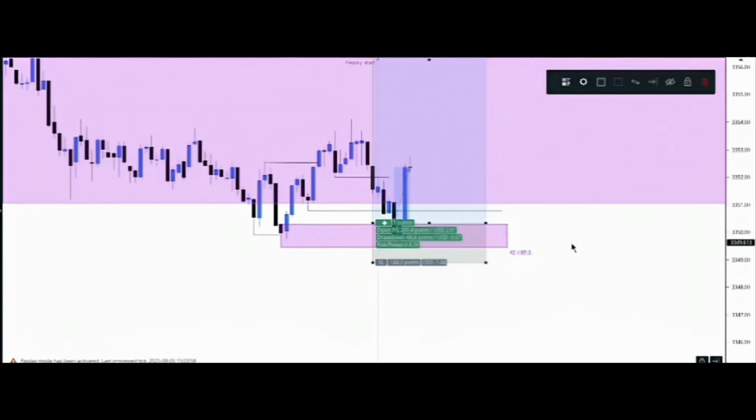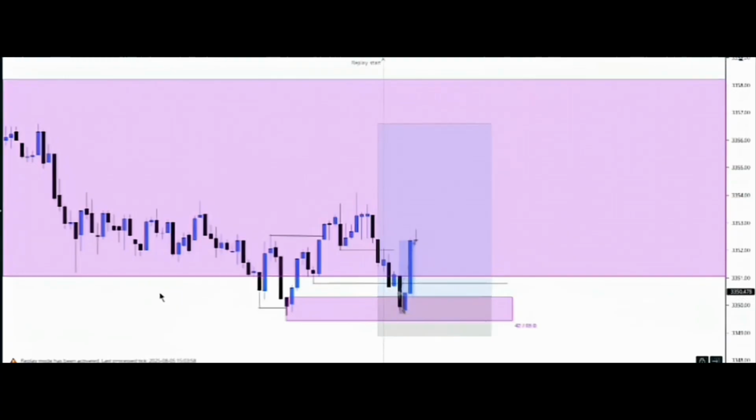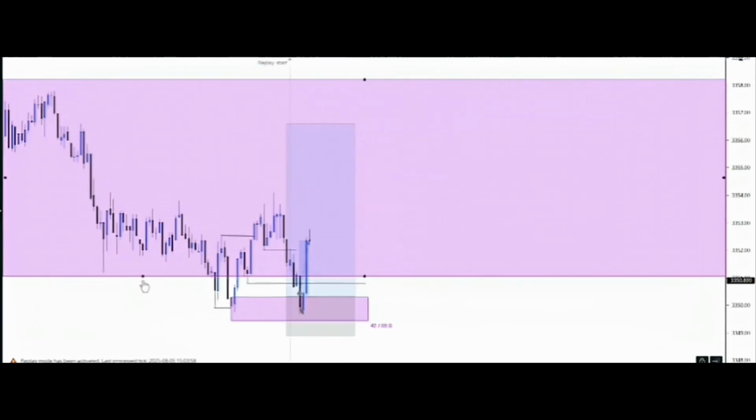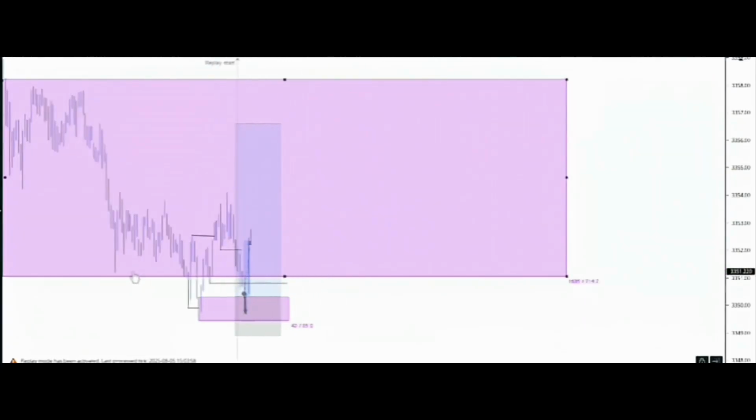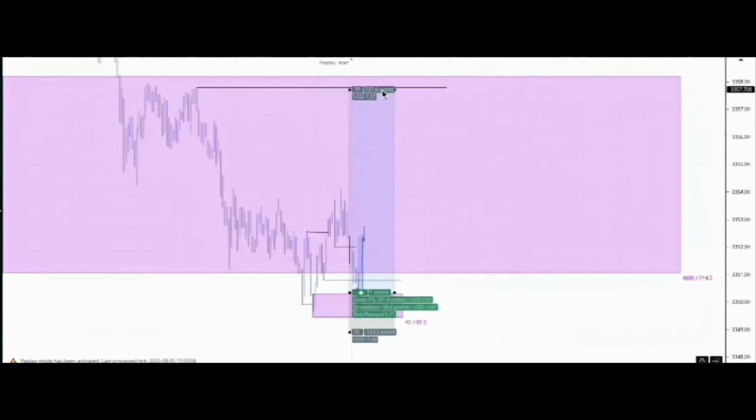So let's look at where we can place our TP. I hope you are following me carefully. Let's look at where we can place our TP. Well, our first TP could be here, and that will be our first TP.